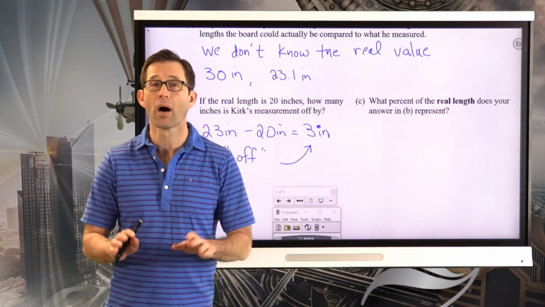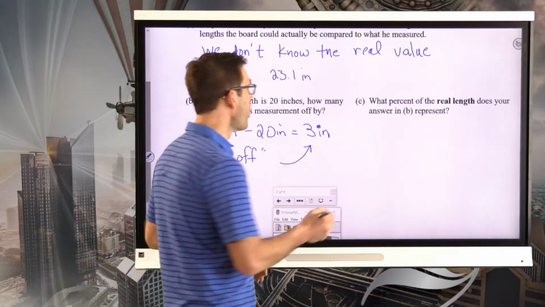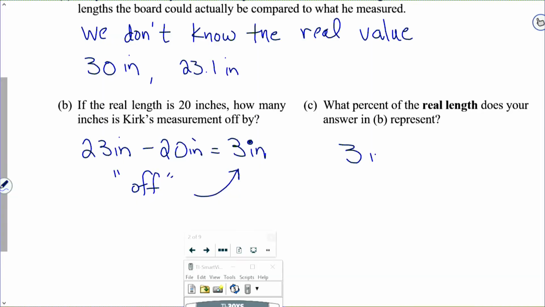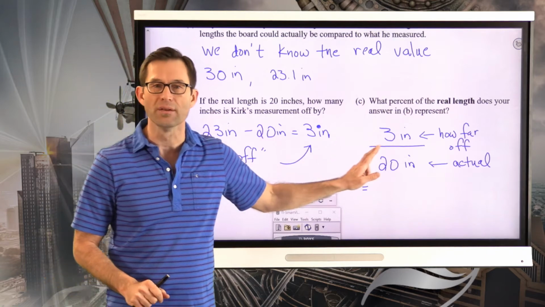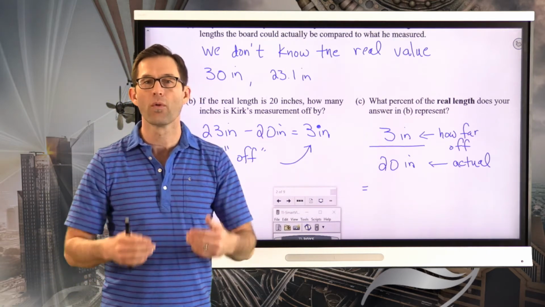So if I want to set up my percent ratio, what I will always do is take how far off I am, that's going to play the role of the part, divided by 20 inches, and that's the actual. I'm trying to figure out what percent the error is of the actual measurement.